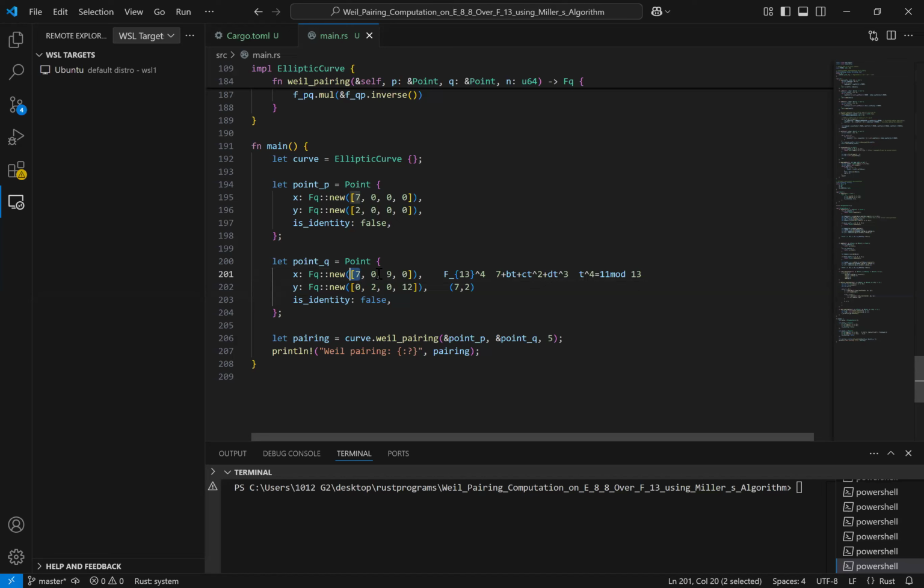Now we come to this other coordinate, the y value. Because we have the x value, the y value, the z value, and maybe more. Again, you can see this one, everything is 0, because 7 was the x value, the constant here.